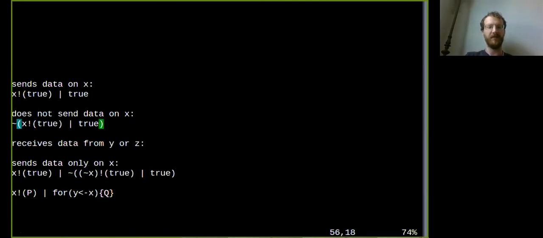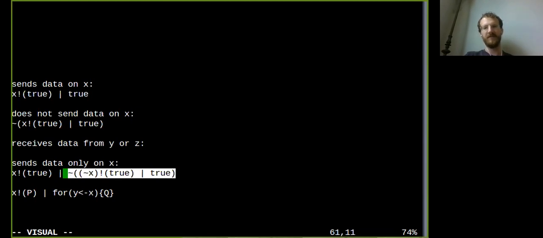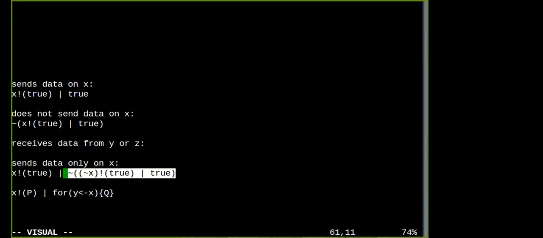So just like this up here means sends data on X, this down here means sending data on anything but X. The highlighted part. And then we can negate that to get the set of all terms that don't send on X. Anything but, don't send on anything but X. Yeah, right.